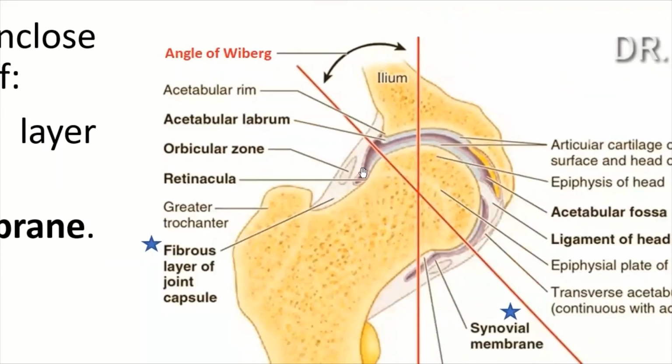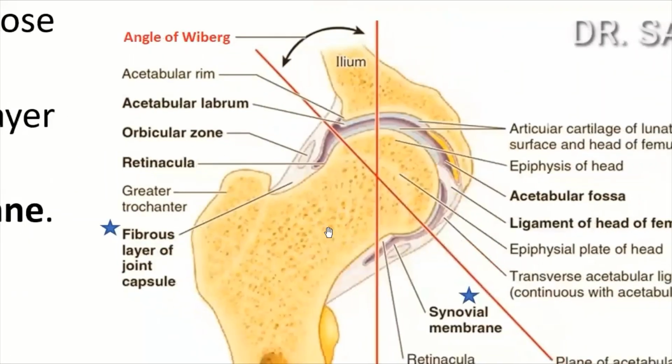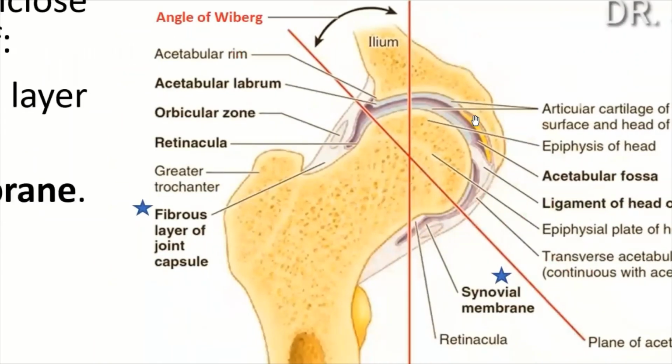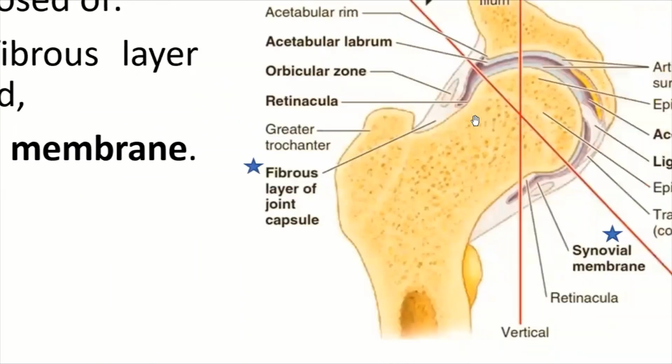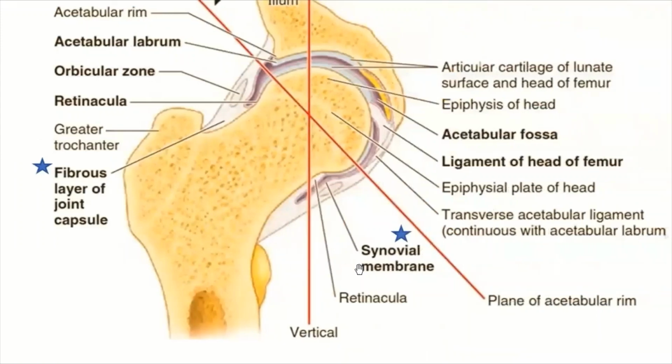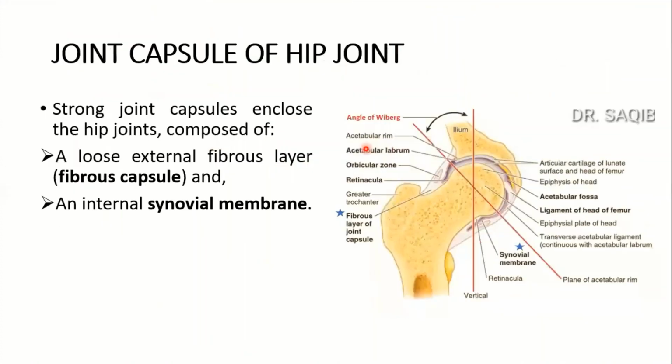And inside, you could see this second is the synovial membrane, right? Here I've labeled for you this synovial membrane. So the outer is a fibrous layer of the joint capsule, and inside is a synovial membrane, like it is present in every synovial joint.